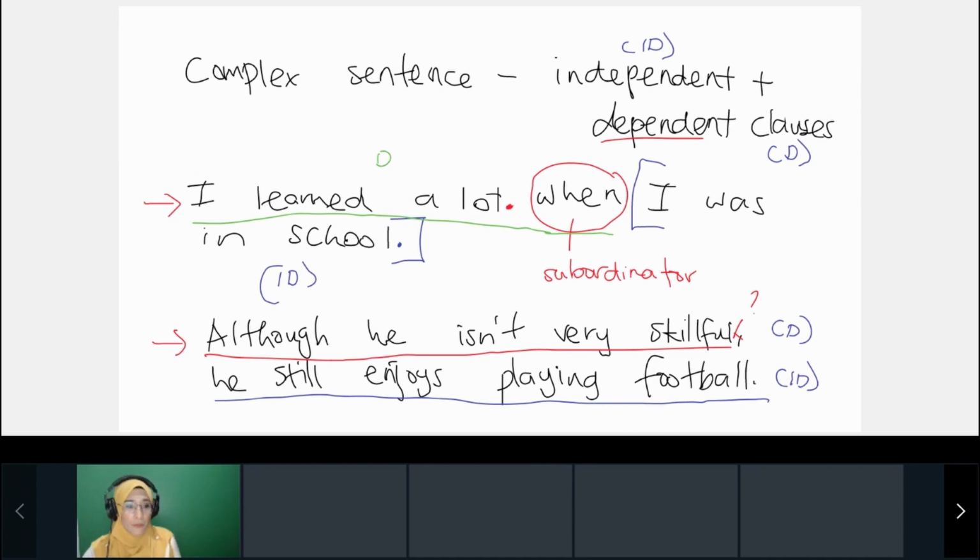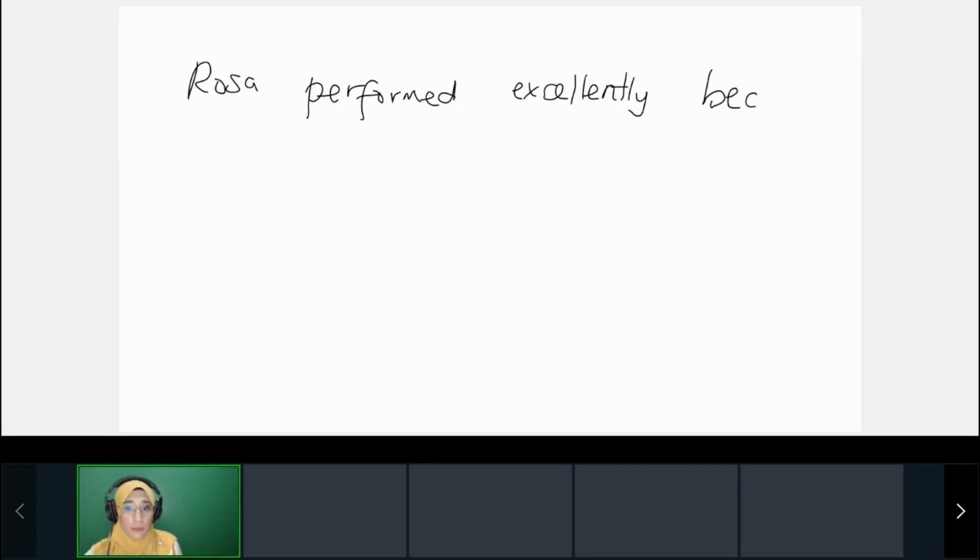All right. Now, let's try another sentence. Let's see. Rosa performed excellently because she practiced very hard. Okay, I'm using because now.